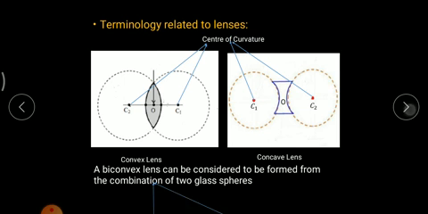Now, since I have two centers of curvature, as I told earlier, this center is nothing but the optical center. For this lens, it is indicated with this line, and for this lens, I've drawn it with this line. So collectively, it is written as optical center. And since this lens has a center, it is obvious that it will also have a radius of curvature.